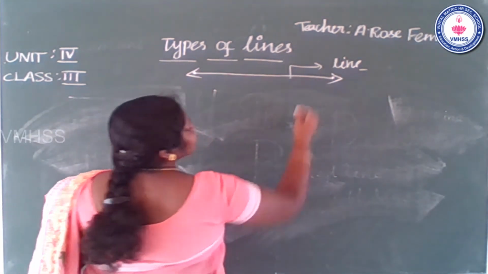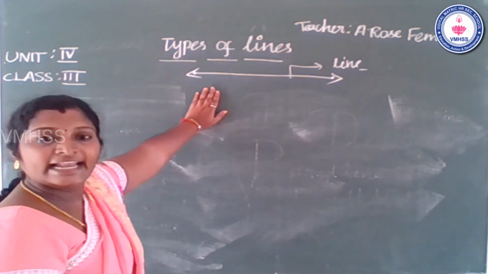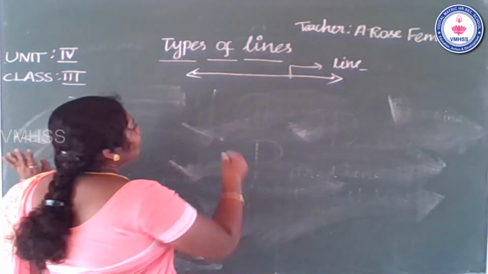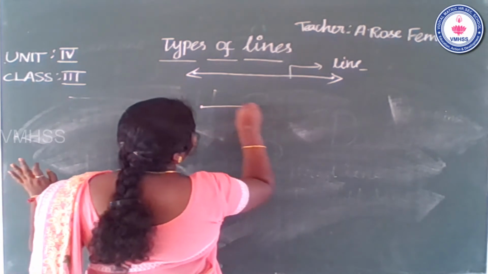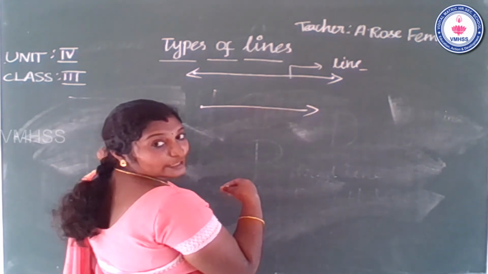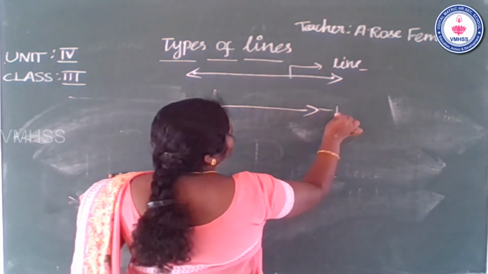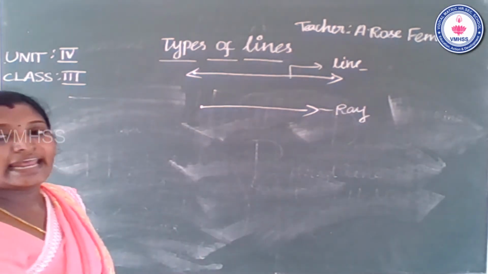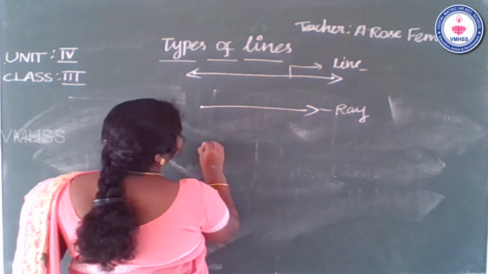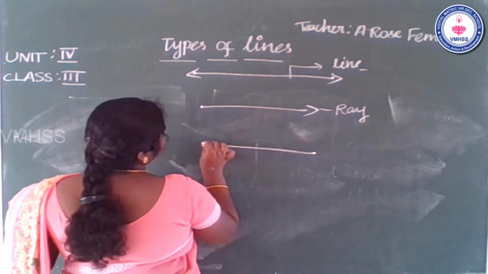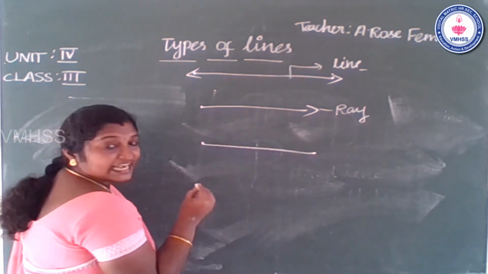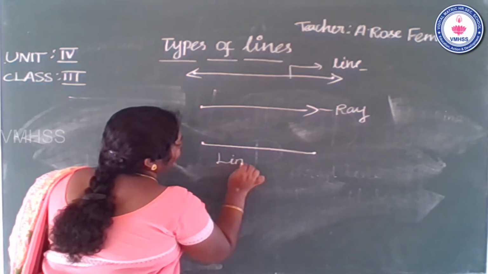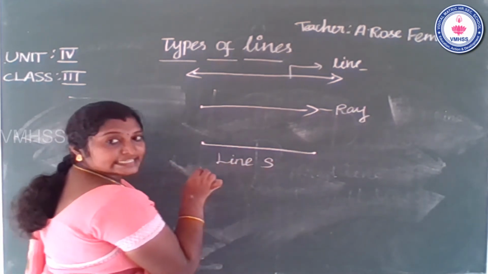The second one starts at one point and goes toward an arrow. This is the ray. The third one is the line segment.